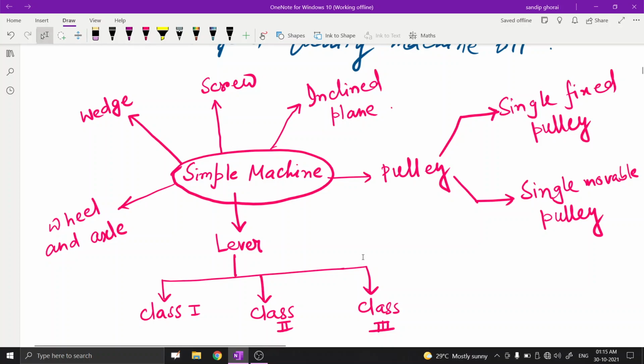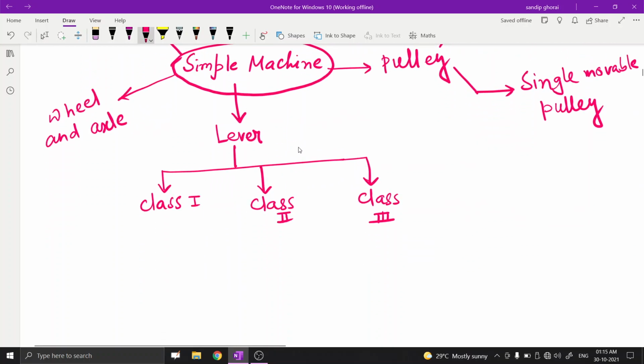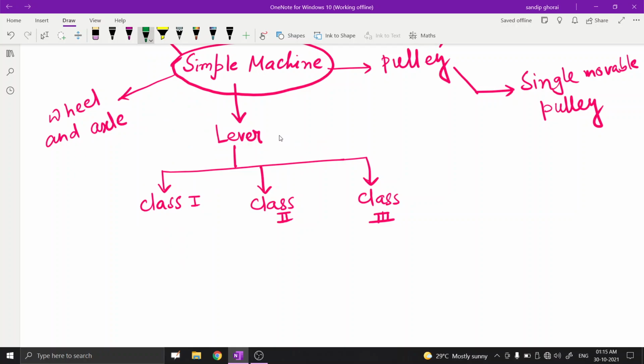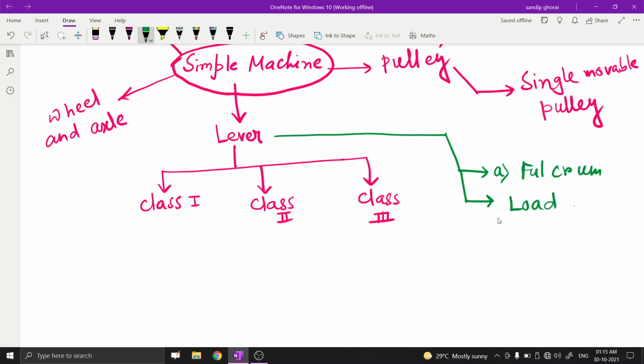Also in the lever part, there are three different terms: the first one is fulcrum, the second one is load, and the third one is effort.